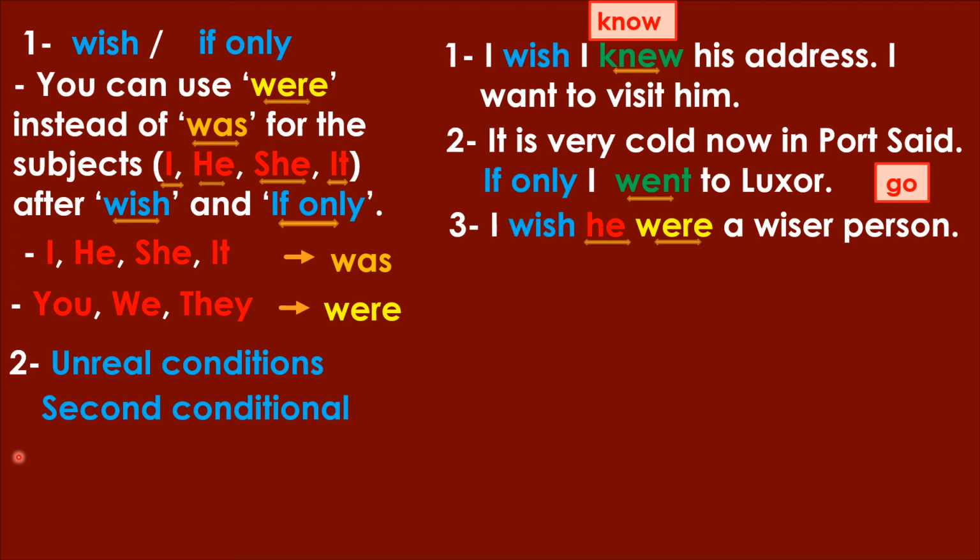As you know, we have 4 if conditionals, and we're going to talk about them later. I mentioned some of them, like the first conditional and the zero conditional before, okay? And inshallah, I'm going to talk about all 4 conditionals in one video. But now we use the second conditional to express the unreal past.